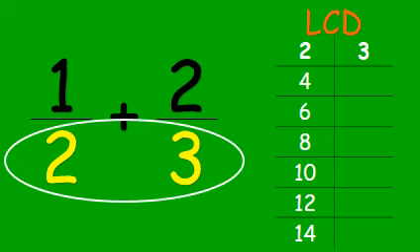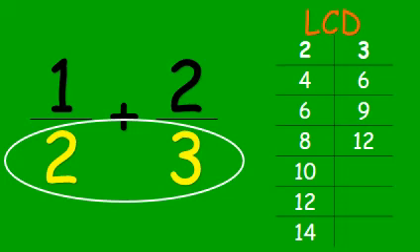Now I'm going to find the multiples for 3. Here are my multiples for 3. 3, 6, 9, 12. Take some time. Look at the multiples for 2 and the multiples for 3.